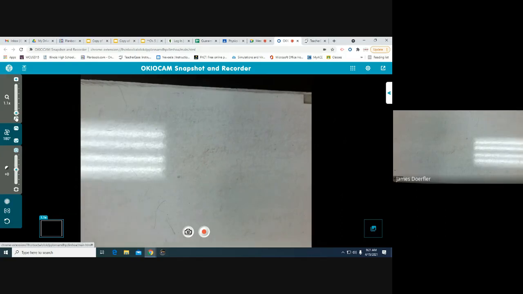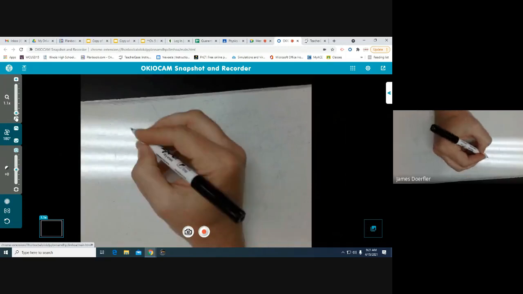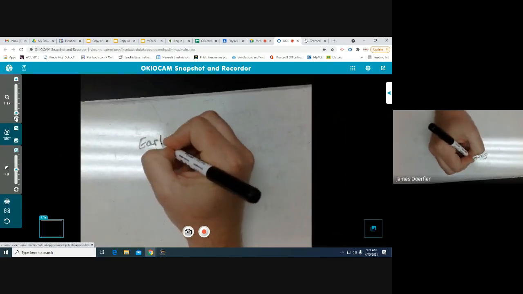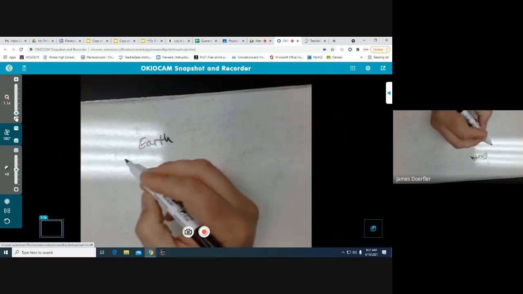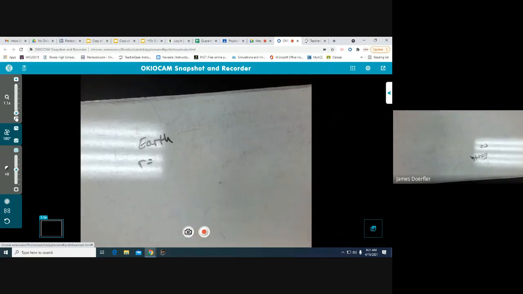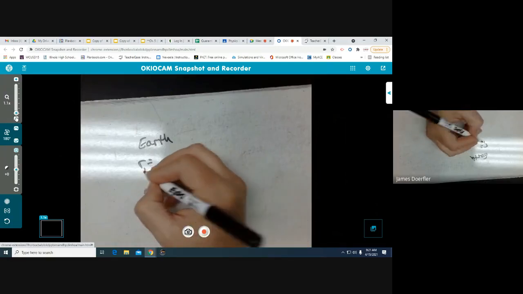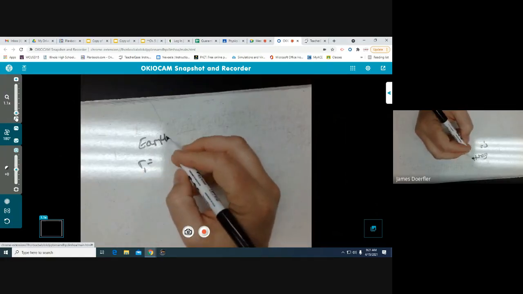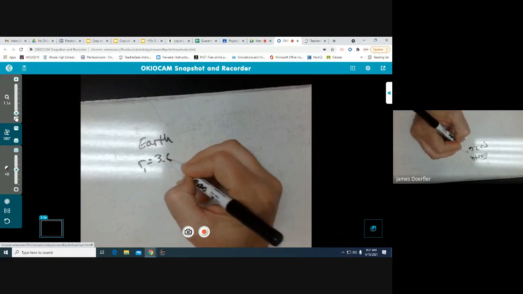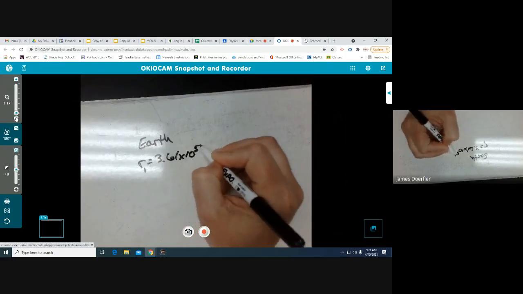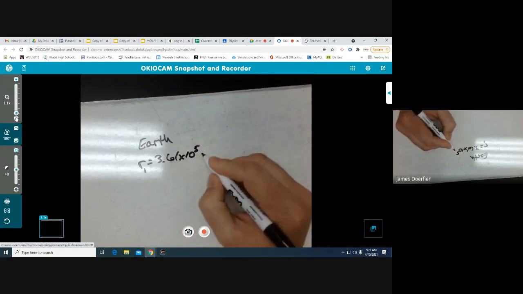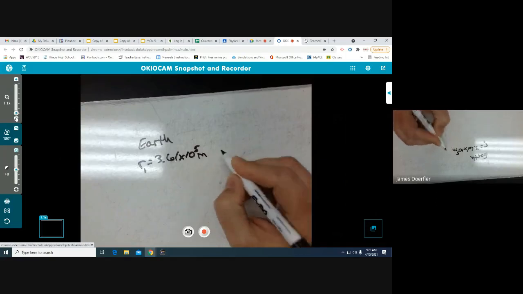All right. So we are doing Earth. The distance, again, same mean altitude from the previous problem. So again, I'm just doing R1 right now. It's 3.61 times 10 to the 5th, and again, that's not including the radius of Earth. That's in meters.